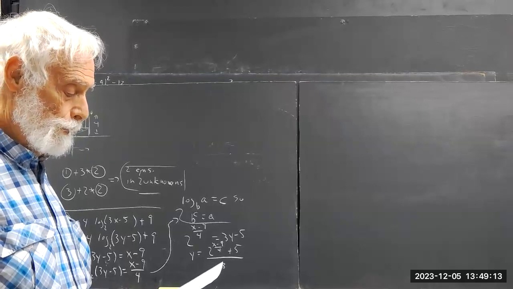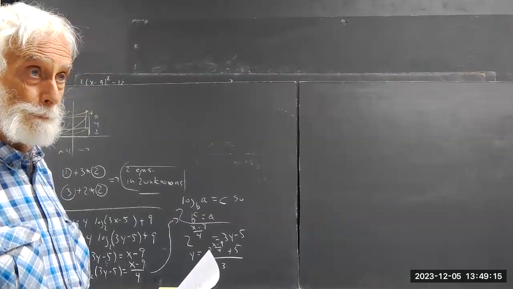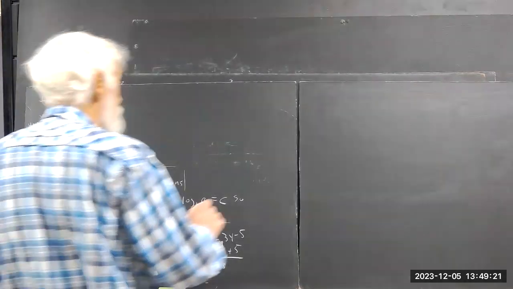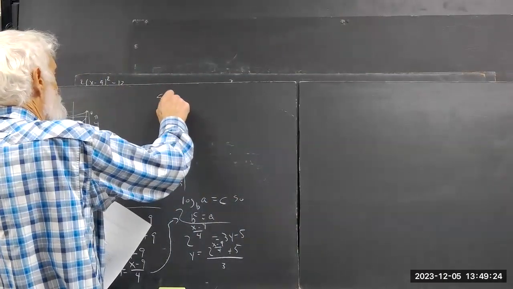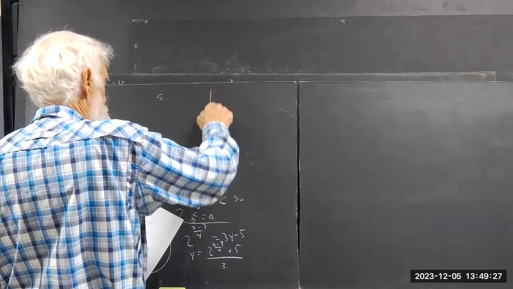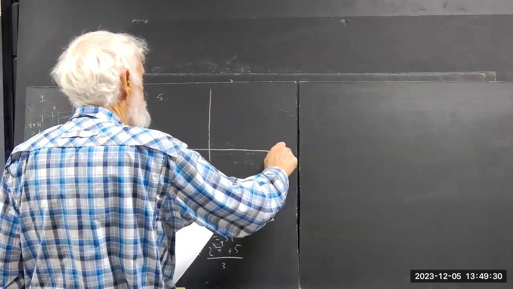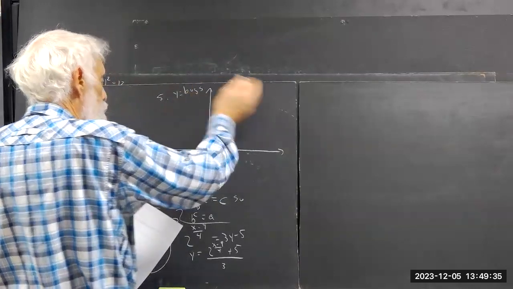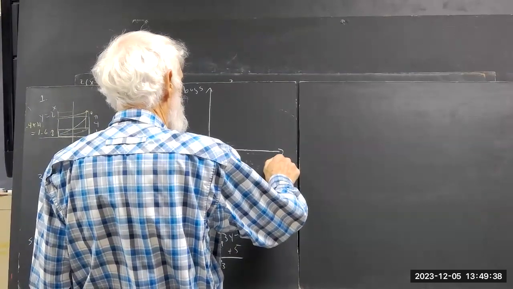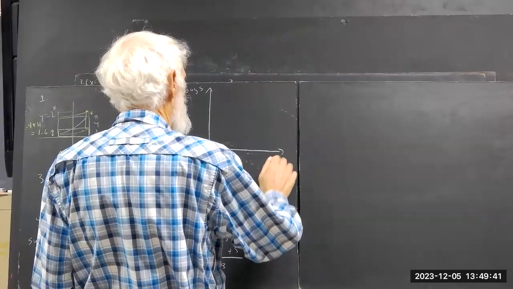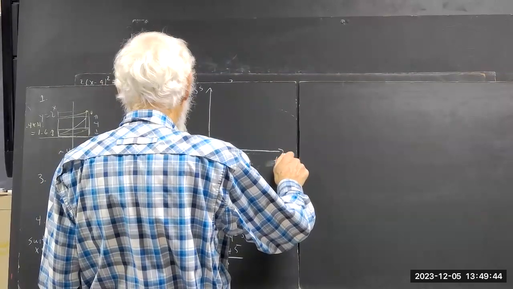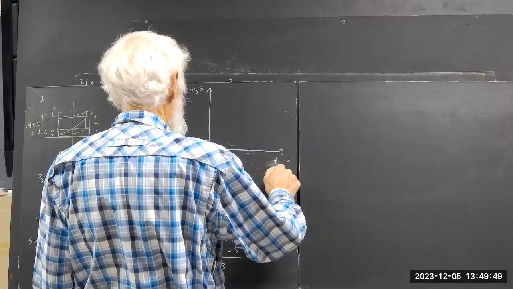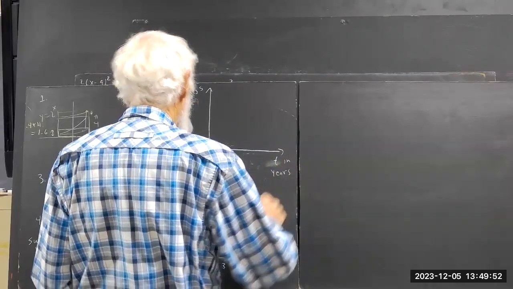We've got bugs in the windshield, and we want to write a linear function. Well, this was number 4. Number 5. Let y be the number of bugs, and we've got the time in years.